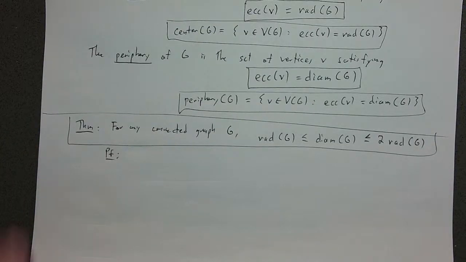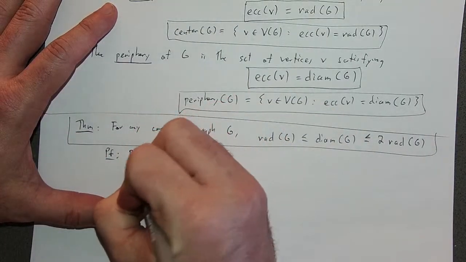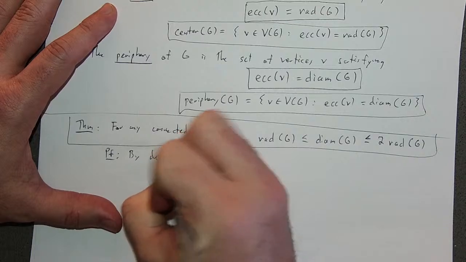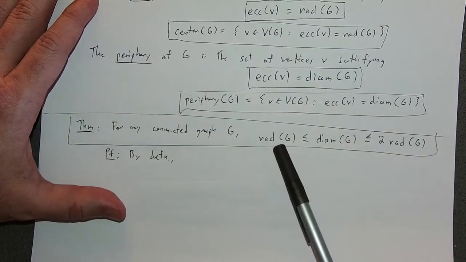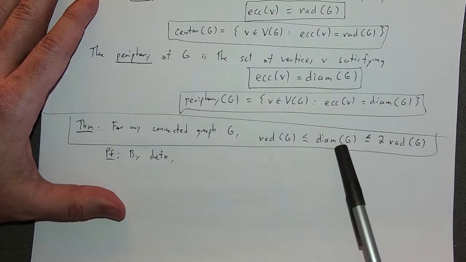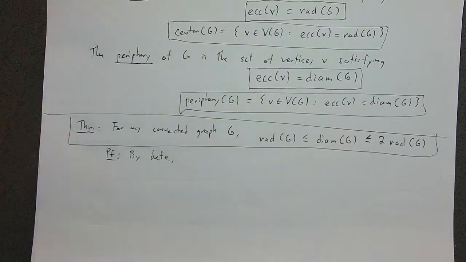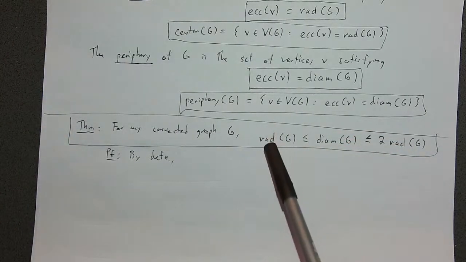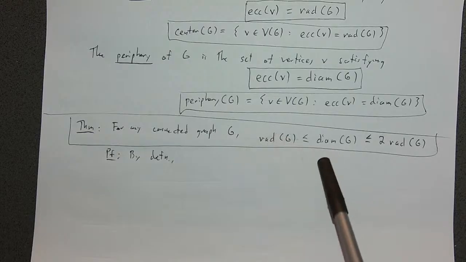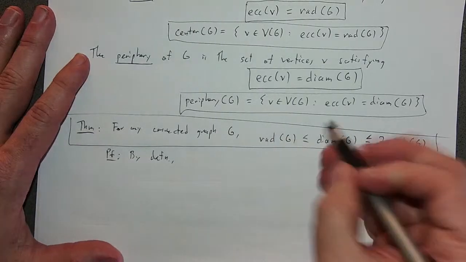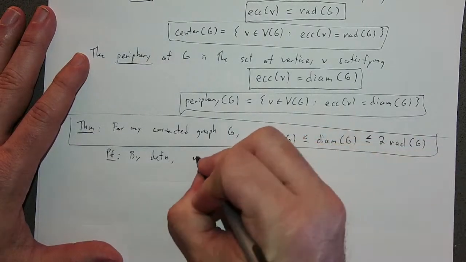Okay, so by definition, because radius is the smallest eccentricity and diameter is the largest eccentricity, this is the min and this is the max. By definition, this part is satisfied.